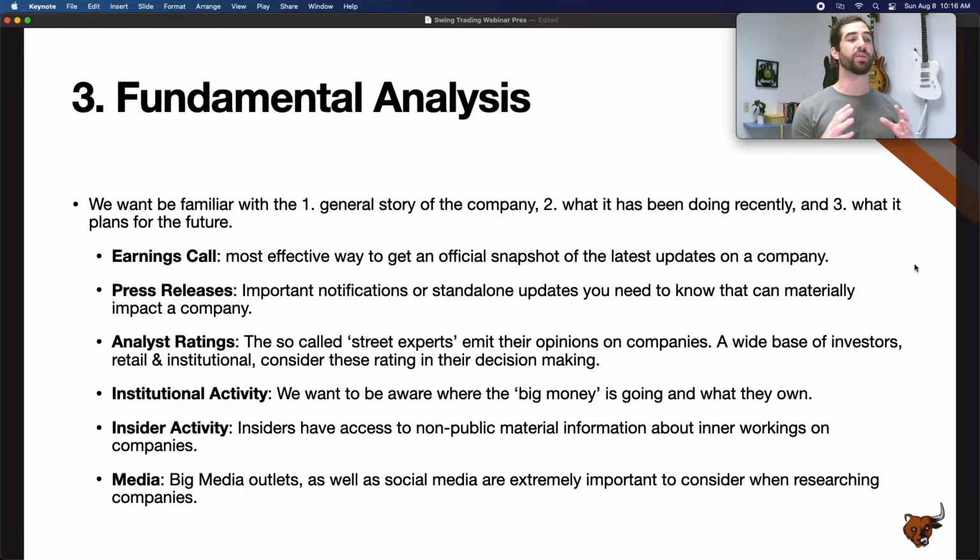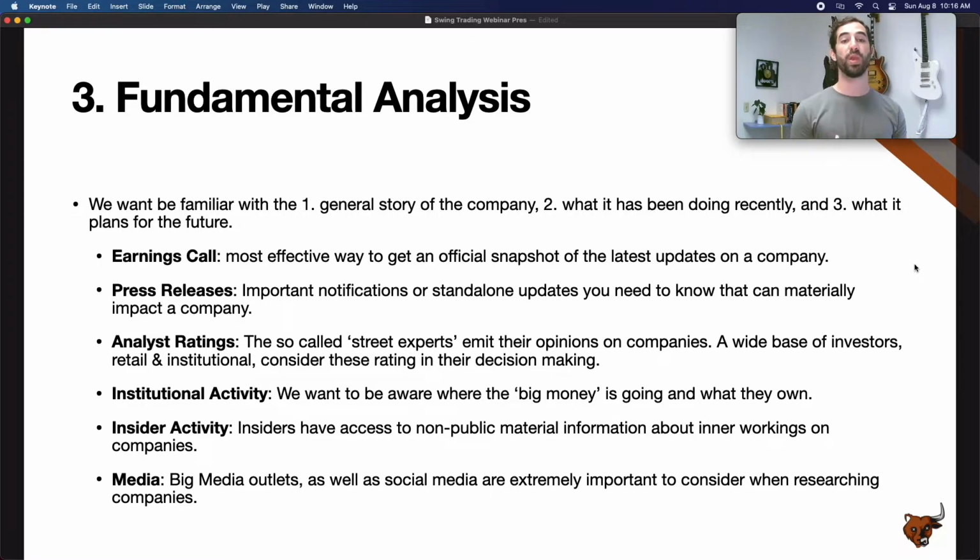But just in general terms, we want to be aware of what the analysts are saying, because this is what a lot of the investor base and a lot of the institutions are looking at and making decisions on for their investment or trading purposes.